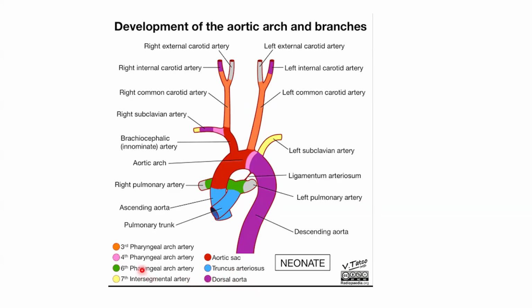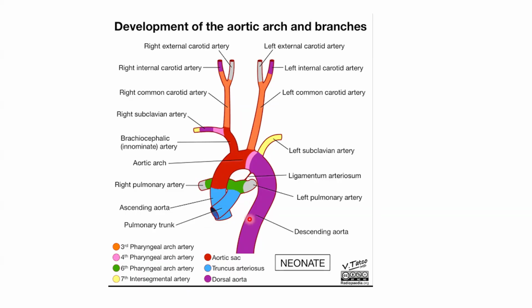Okay, so you have the fourth pharyngeal arch, the aortic sac, and the dorsal aorta. And then the sixth pharyngeal arch forms the left and the right pulmonary artery. And these are things that are required of most trainees when it comes to head and neck vessels.